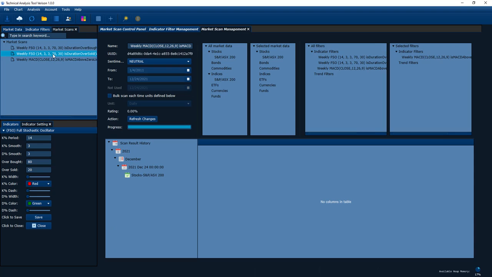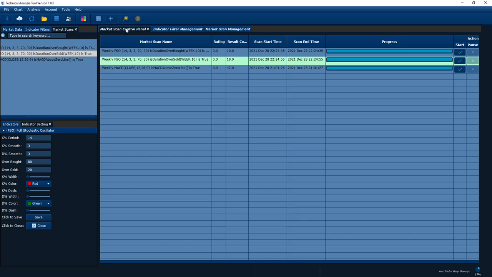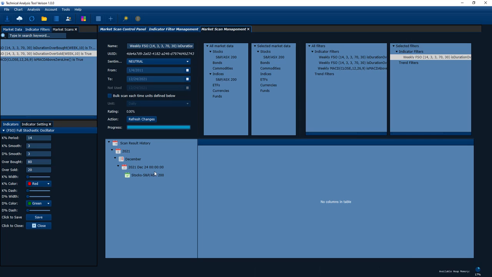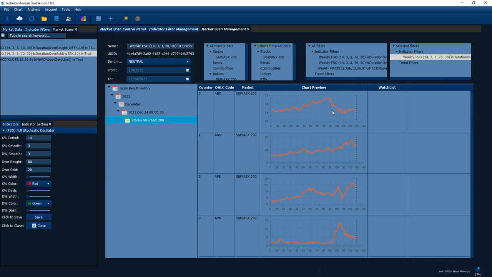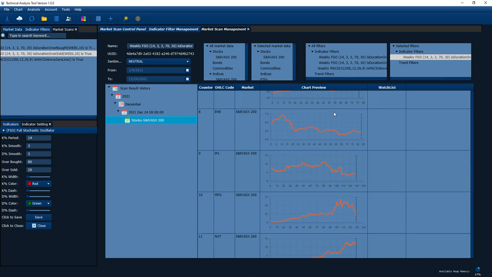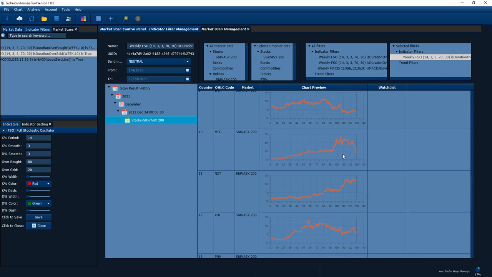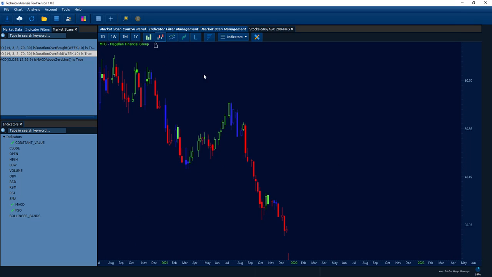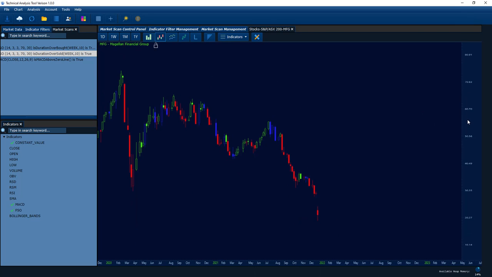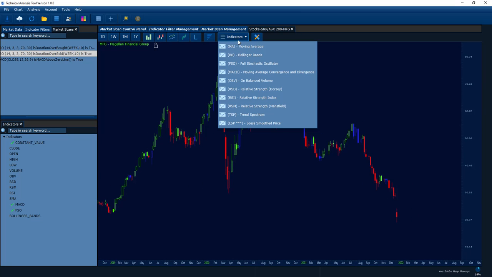Okay, let's take a look at the other one, the duration oversold for 10 weeks. We already finished the scan. We only need to refresh it and open the results. As you can see, they mostly point down, right? That's expected because they're staying oversold for quite some time, so the share price is moving lower.